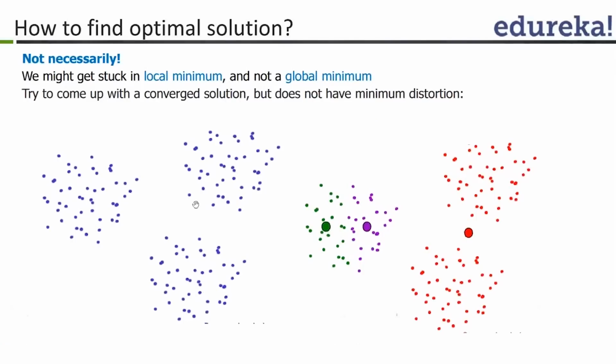For k equal to 4, I might get the knee of the curve. This is one cluster, second cluster, third cluster, and all my outliers will be in the fourth cluster.